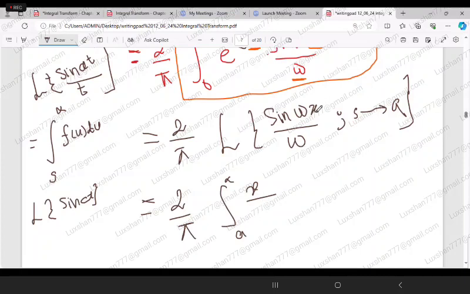Because our a is x, no? So x over omega squared, not the omega squared, our s squared, no? S squared plus x squared into du. So we have to change this into u.